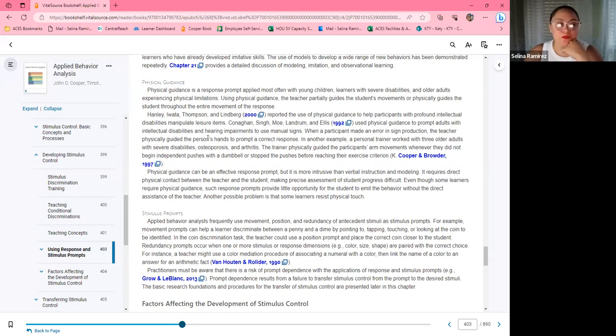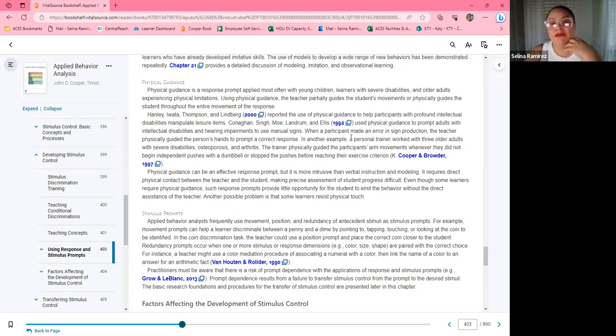And so you always want to ensure your client's dignity when you are choosing what prompts to use. And one thing that I tell people is, like, for my older kids, like my 11, 13-year-olds, you do not need to be physically prompting them. They know how to do it.